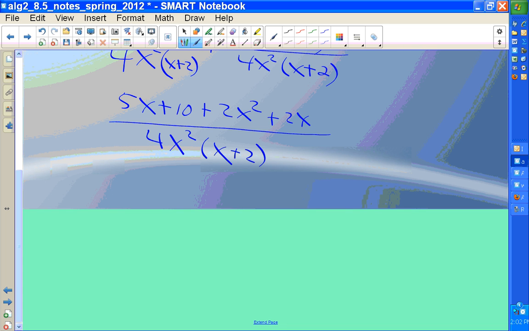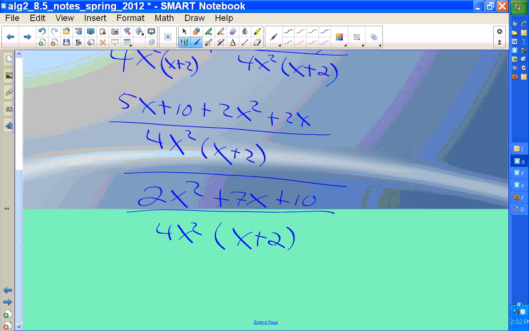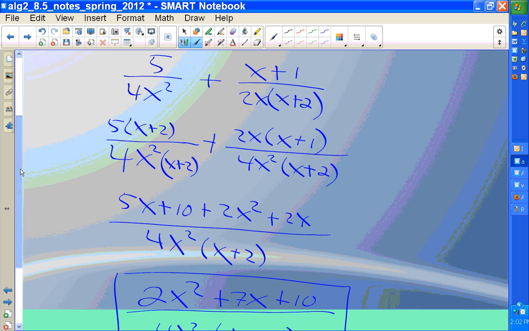When you combine like terms and descend the order, it looks like that. Can you skip the step before that one, like the 5x plus 10 plus 2x?